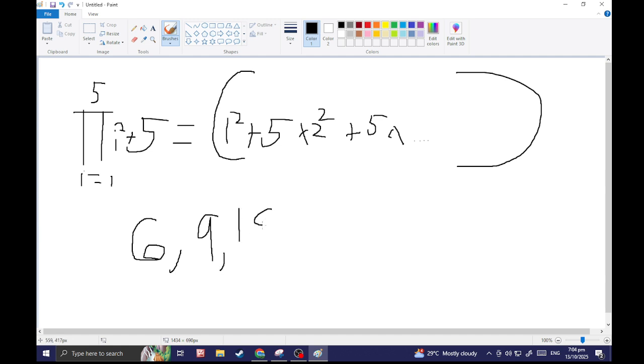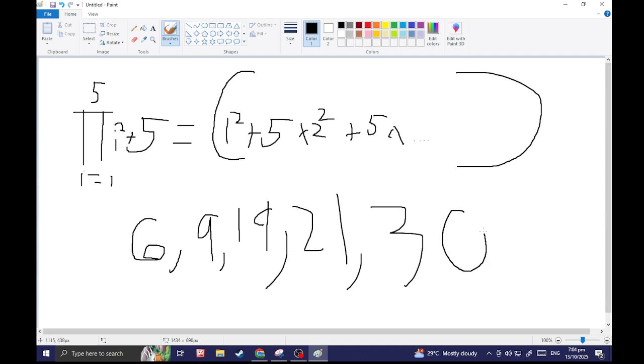Yeah, 14. 21. And finally, we get 30. Alright, guys, this is sigma. So what do we do with them? Well, we multiply them.